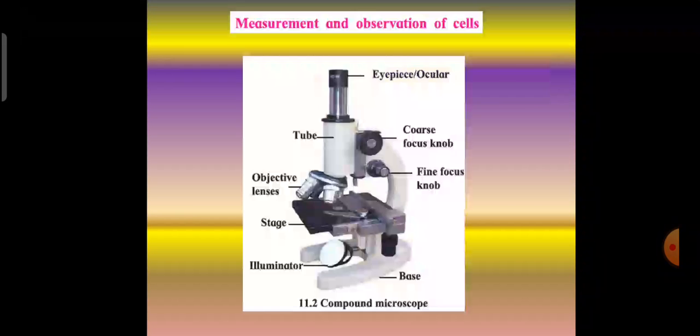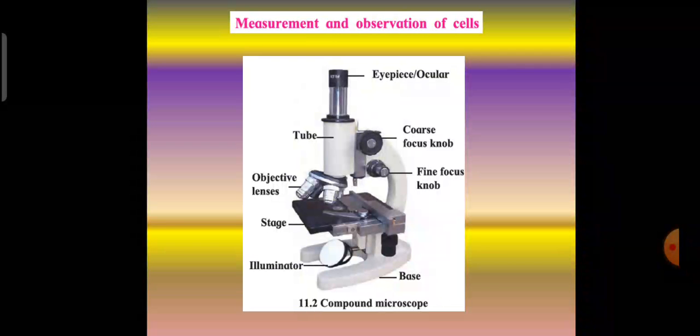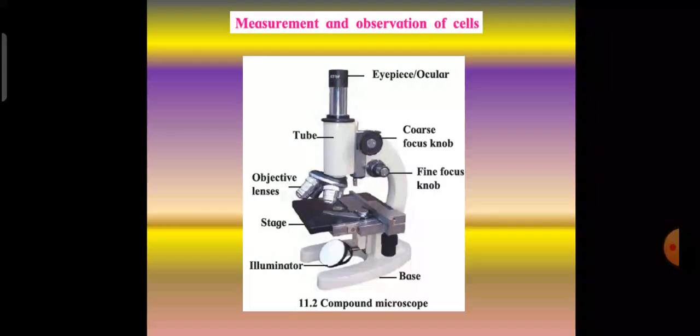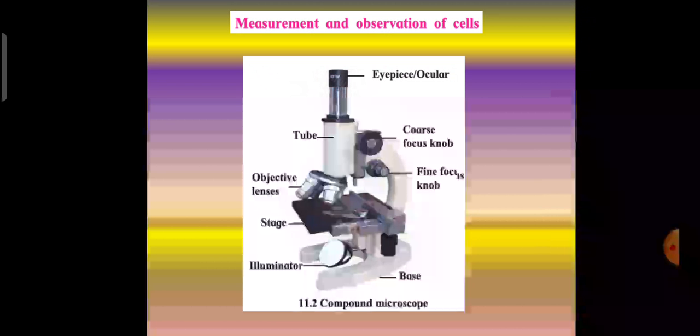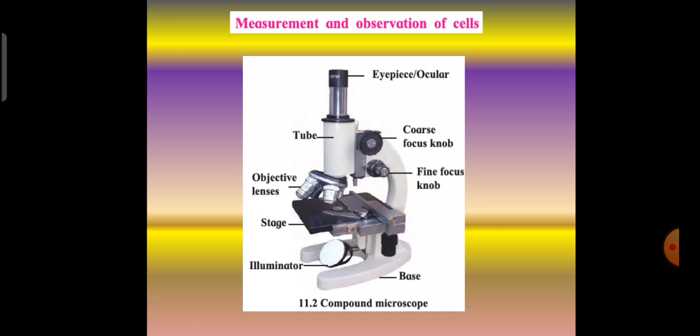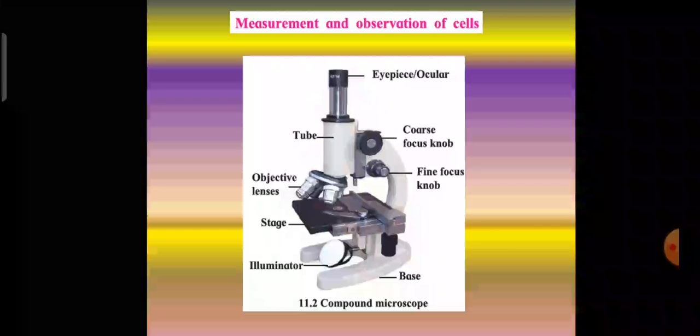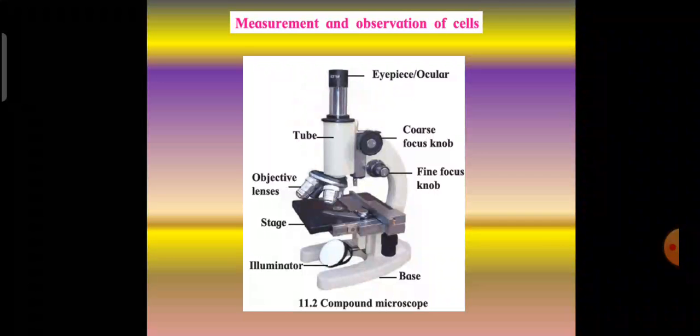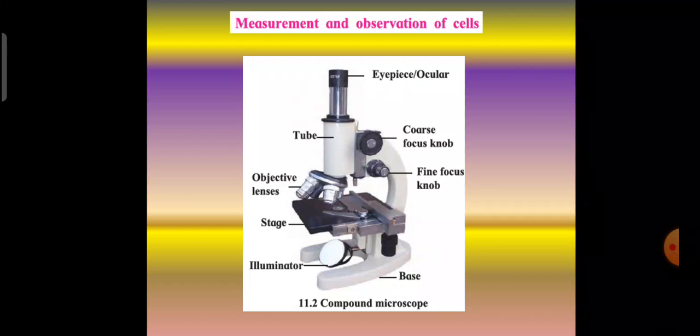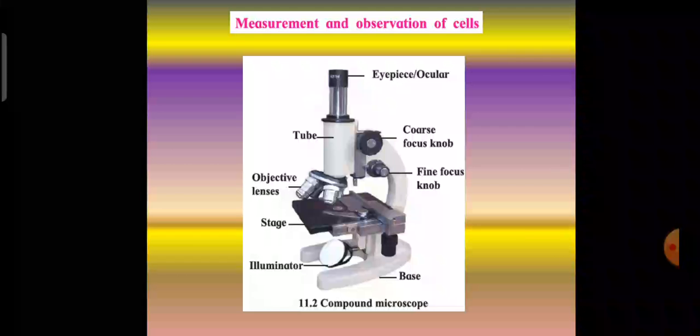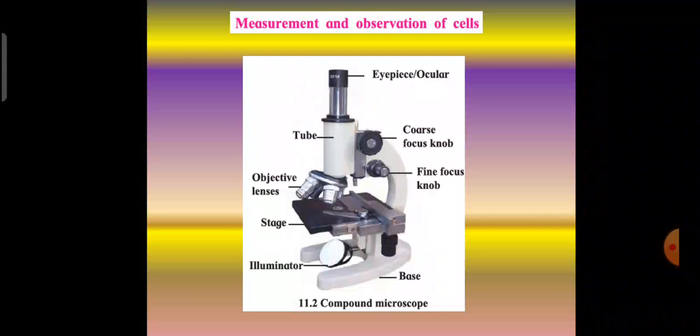Such a microscope was developed by Antony van Leeuwenhoek, where he used, you can see here, the eyepiece, that is ocular lenses, and objective lenses. So the two lenses are used in combination. What they do together is increase the size of the image of the object that you are observing on the slide.